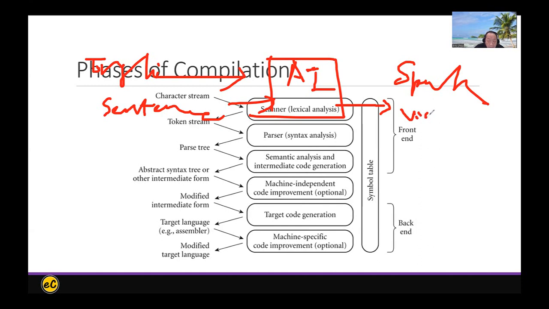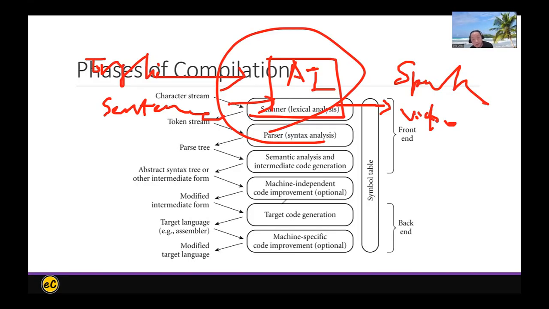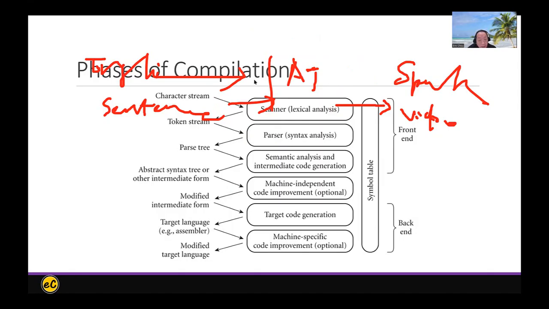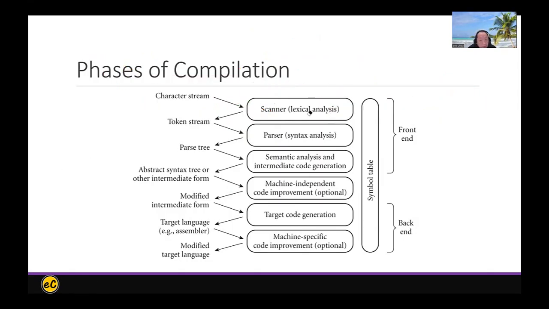So AI nowadays becomes a front-end parser or front-end interpretation for an AI program. So language translation is very, very important now. But the first few stages are used for the scanner and the parser.